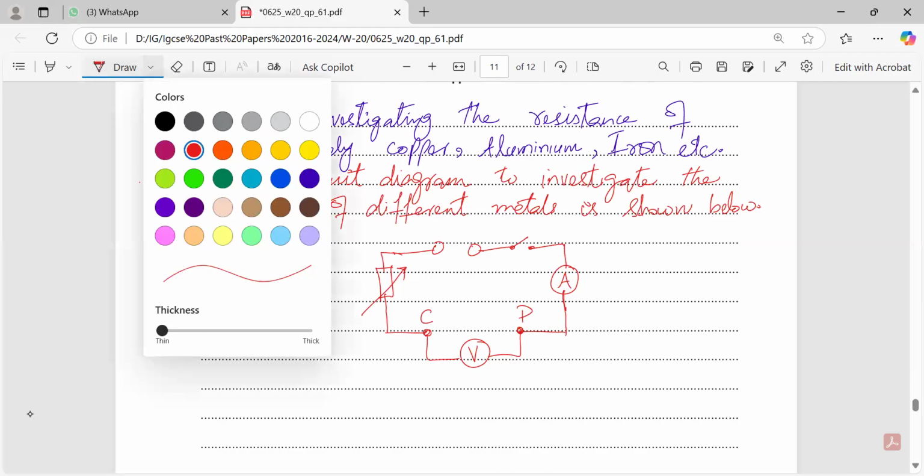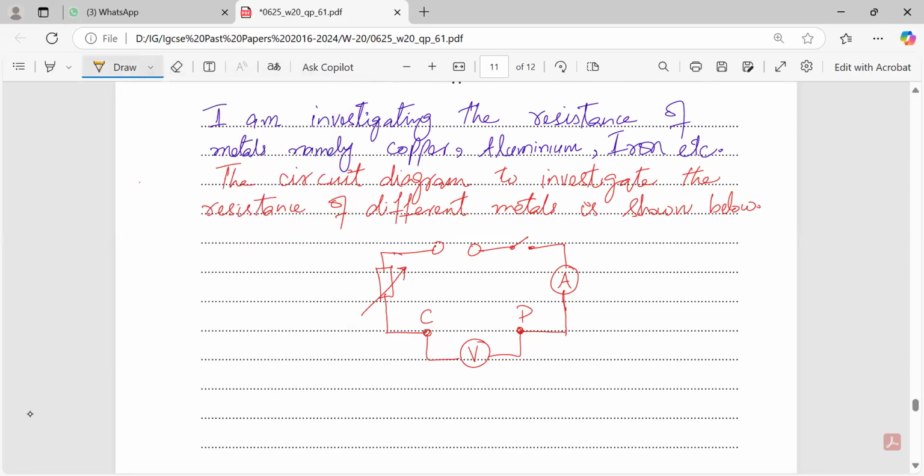But before that, my dear friends, now see, it is better to label this diagram. Like this is the power supply. And we know this is a switch, which is right now open.